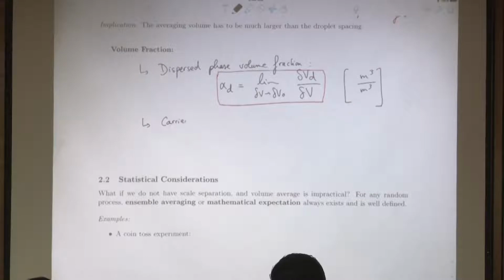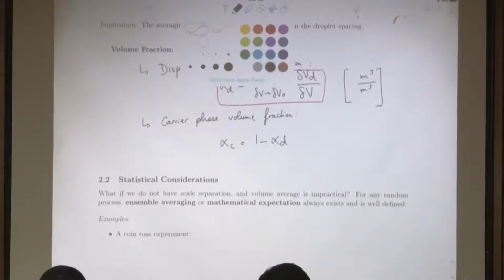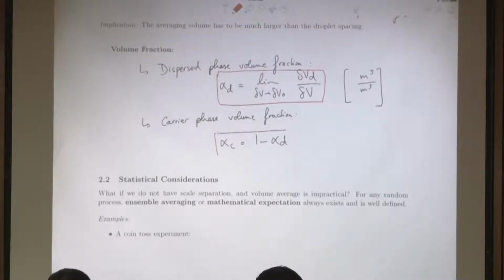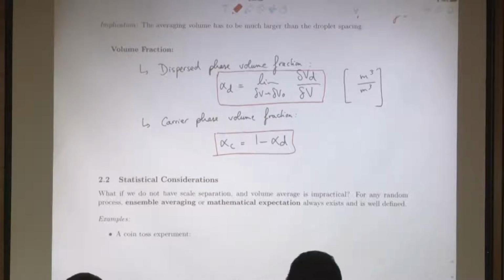The carrier phase will be the surrounding fluid. And that's simply going to be 1 minus alpha d. Obviously, if I have only particles or carrier, the sum of the two needs to account for 100% of my volume.